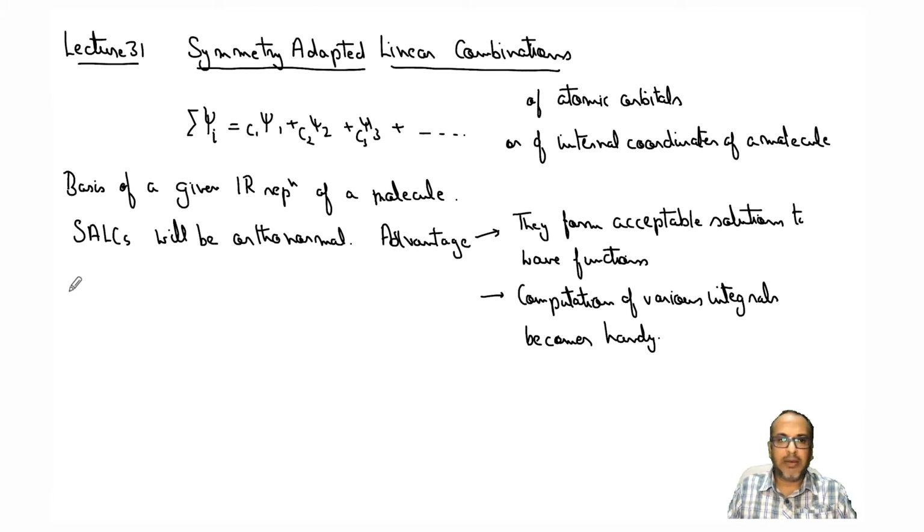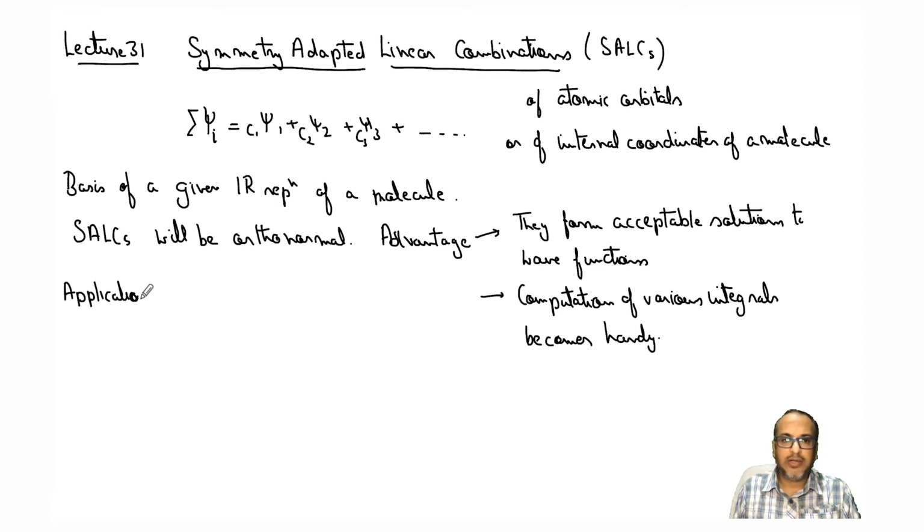And what are the applications of such SALCs? So let's call them SALCs, symmetry adapted linear combinations. The applications of SALCs, which we will also cover later in this course, are these.